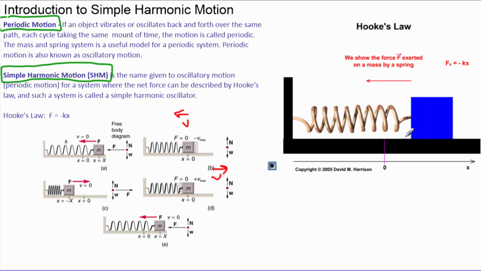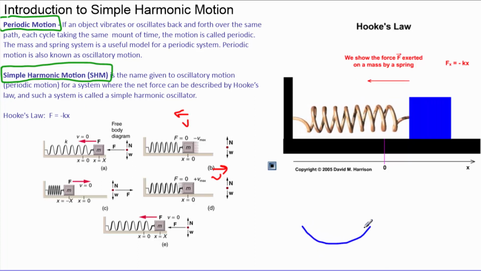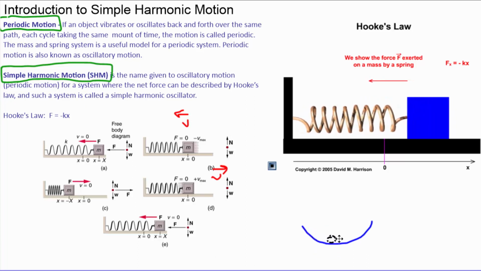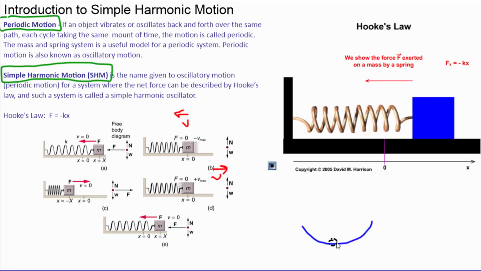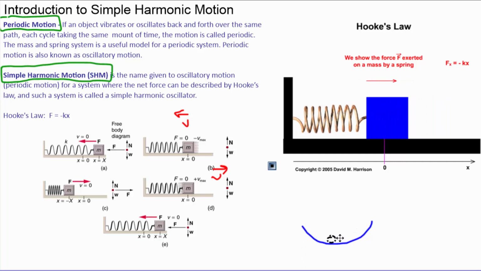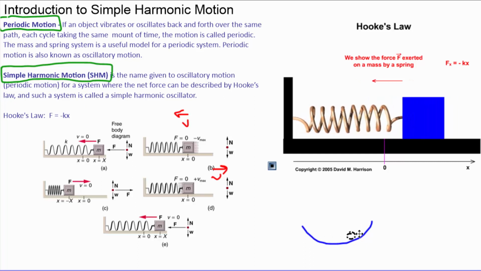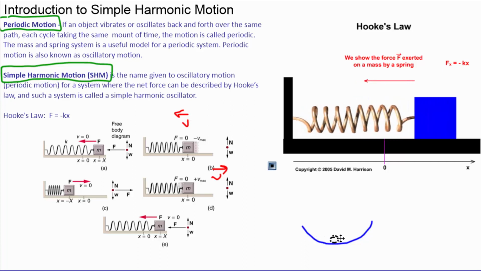Another good example is if I were to take a bowl with a nice round bottom and place a marble in that bowl. That marble is going to roll past its natural spot, stop, and come back. It's going to rock back and forth, and as long as there's no energy loss, it'll remain in periodic simple harmonic motion.